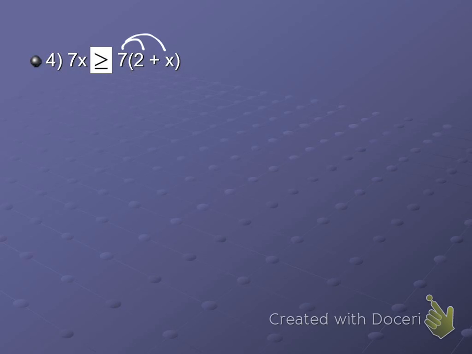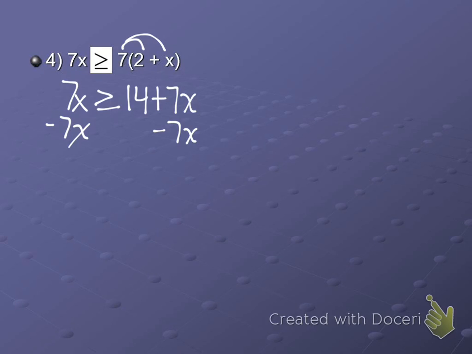So let's start off with that. 7x is greater than or equal to 14 plus 7x. Some of you are already saying, this looks interesting. When I go to get my variables all on the same side, let's say I want to move this, I would subtract 7x. But I have to do that from both sides.